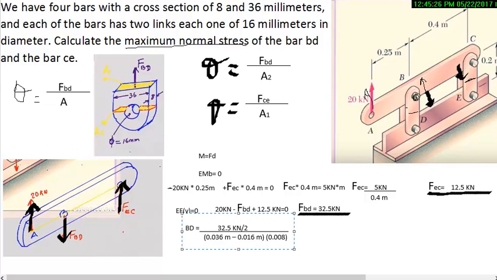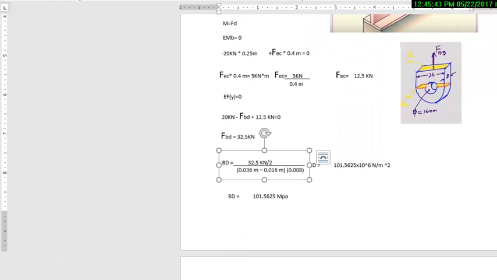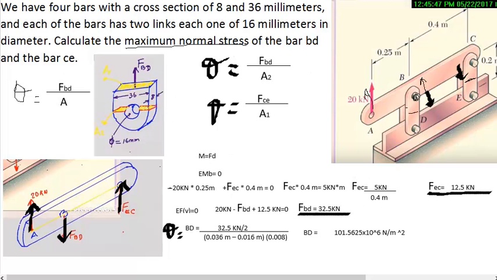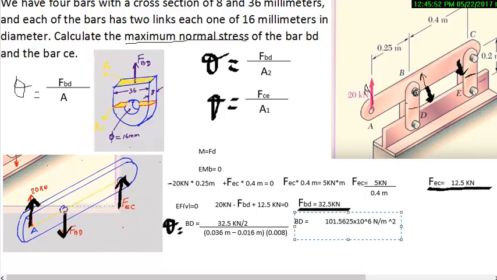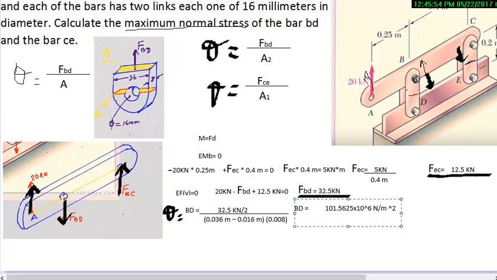The force in each link of the bar BD would be half, which means that we should divide it by two. Now, to calculate the area 2, we must remove these area portions, equivalent to 0.036 meters minus the diameter, that is 0.016 meters, times the width, that is 0.008 meters.